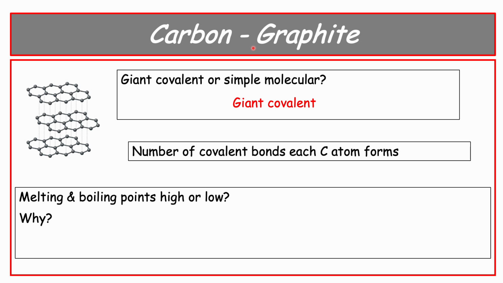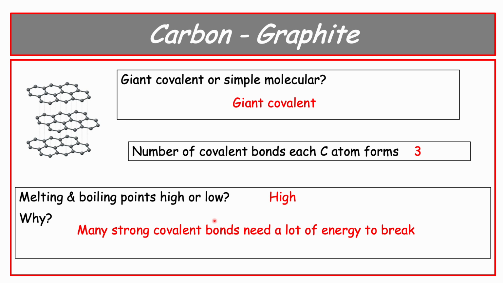However, the difference between graphite and diamond is instead of forming 4 covalent bonds, each carbon atom only forms 3. So they can form 4, but in graphite they only form 3. That results in this different structure to diamond. It's got a high melting point because lots of energy is needed to overcome the strong covalent bonds because it is giant covalent.